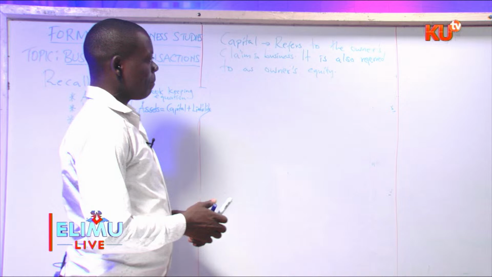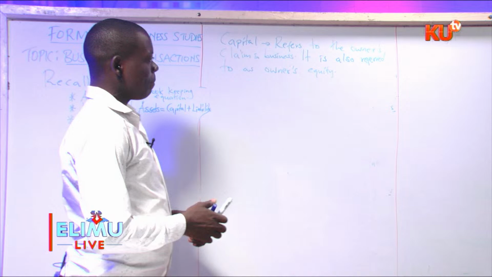Then balance sheet as at 31st December 2015. Then have this statement here. This is CR, this is DR. And for the DR side, we start with fixed assets.